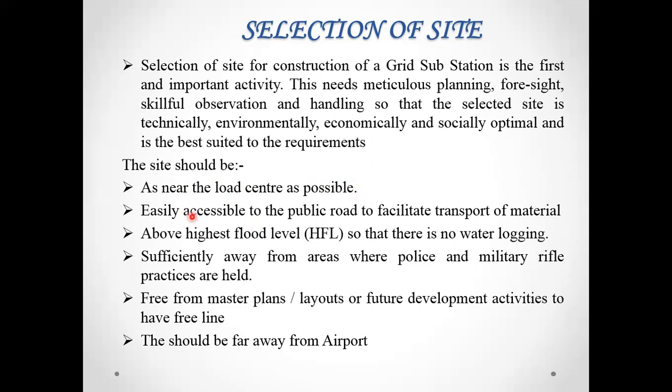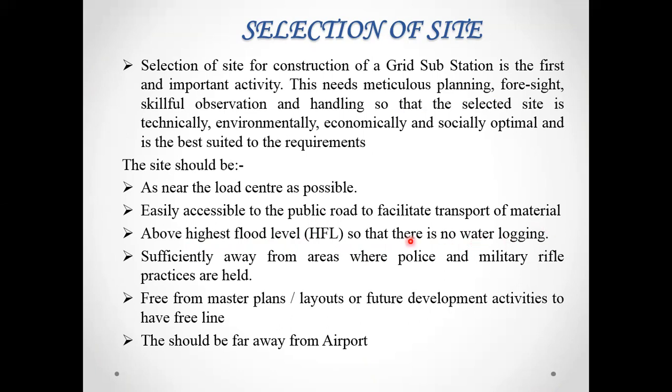Then it should be easily accessible to public road to facilitate transport of material, because the transportation will be there here also. It should always be near the railways or the highways, where we can easily have the transportation. The site of the grid should be above the highest flood level so that there is no water logging.